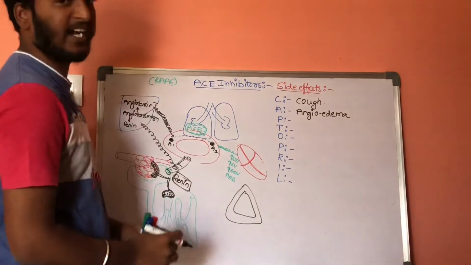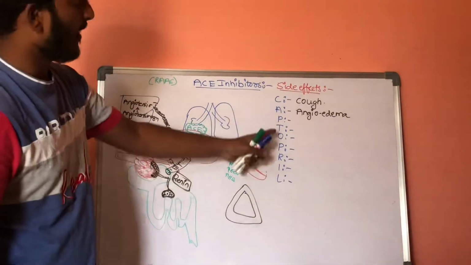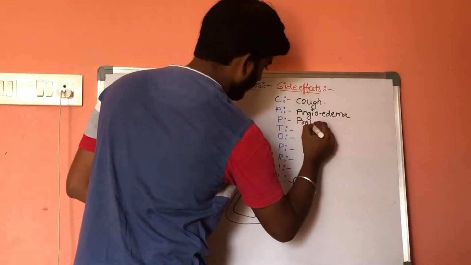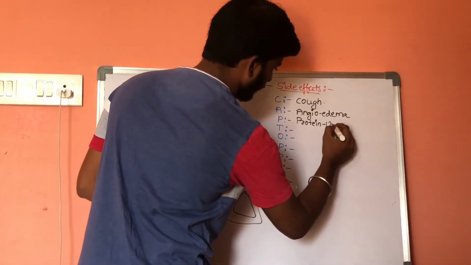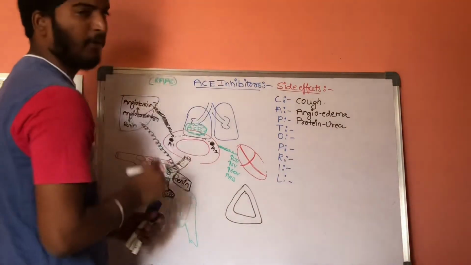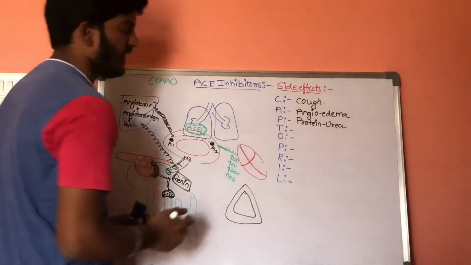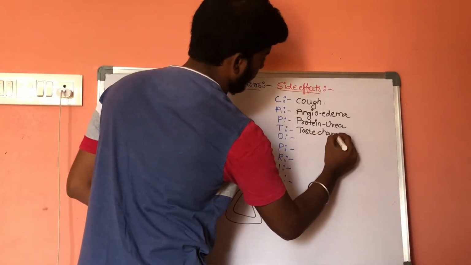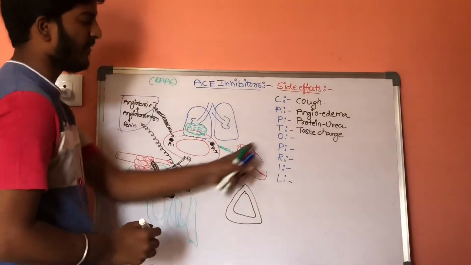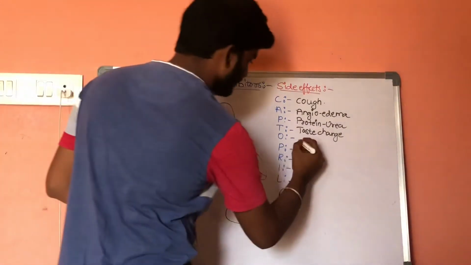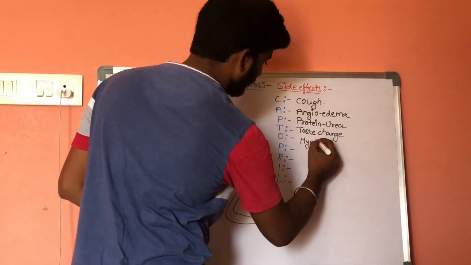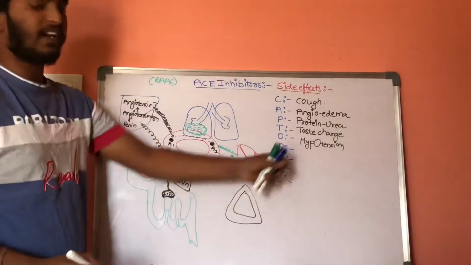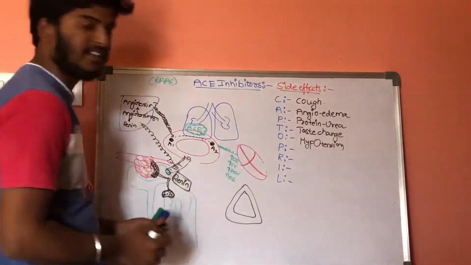This is the second side effect of captopril, and next one is P for proteinuria, which is loss of proteins, and T for taste change, and O for hypotension, and P for pregnancy.